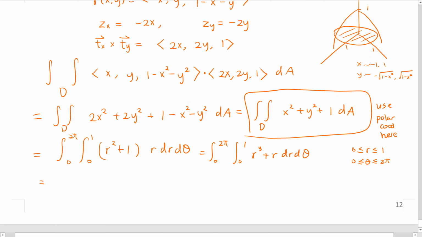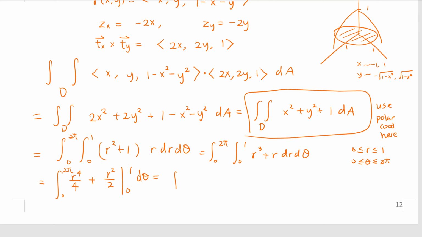Integral of r cubed is r to the 4 over 4. Integral of r is r squared over 2. Evaluate from 0 to 1. So we plug in 1, we get 1 over 4 plus 1 over 2. When we plug in 0, it's just 0.